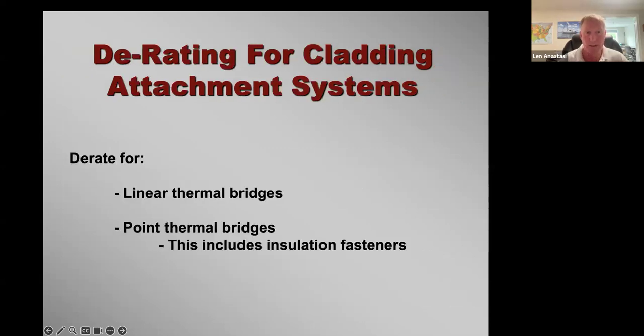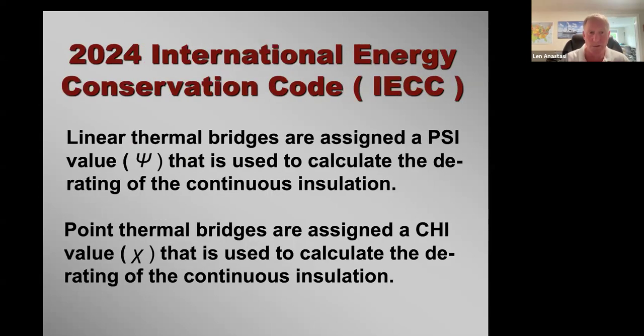So basically, it tells you to derate for linear thermal bridges and point thermal bridges. And in my opinion, and many other experts in the industry, this includes your insulation fasteners. I've spoken to Passive House experts, and they said, yeah, your fasteners are factored in for your thermal bridging, for your derating.